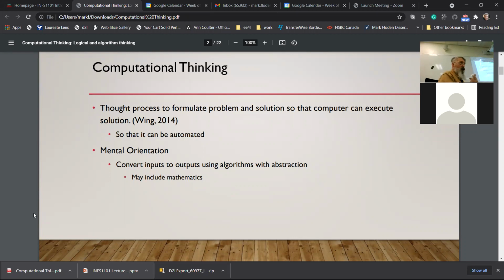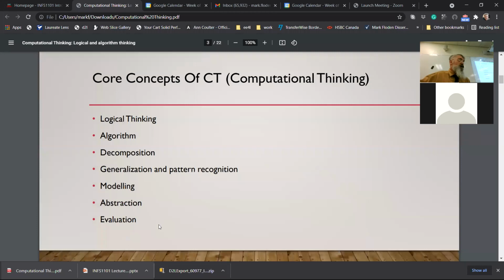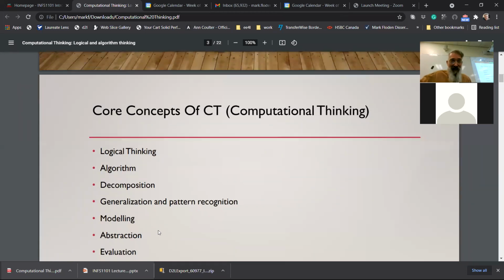So we think about what inputs we need, what processes we need to get what output. So output is going to be what we want to create. And there may include some mathematics in it because it will have algorithms. And many algorithms are mathematical, which is probably why we see a lot of people who are mathematicians turn up in IT. So that happens a lot.